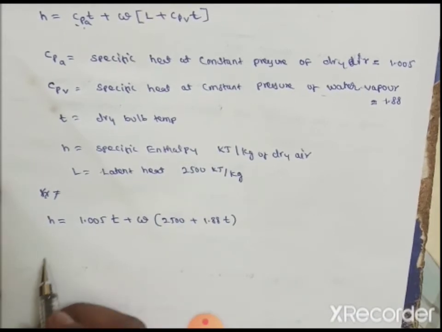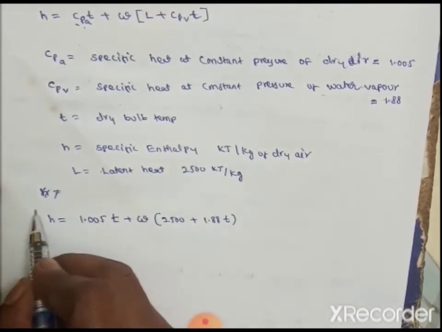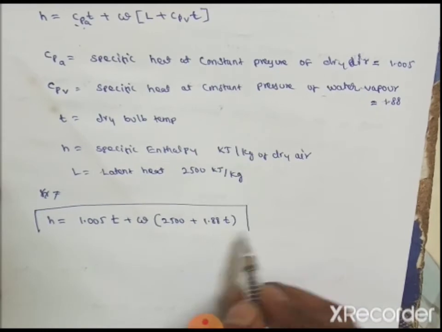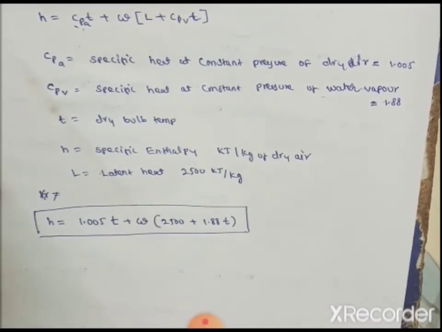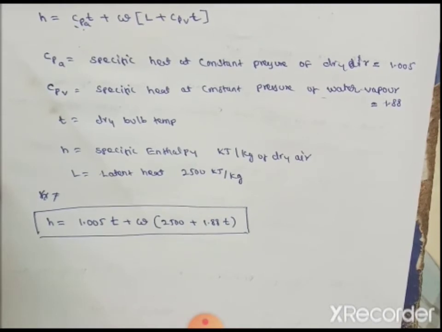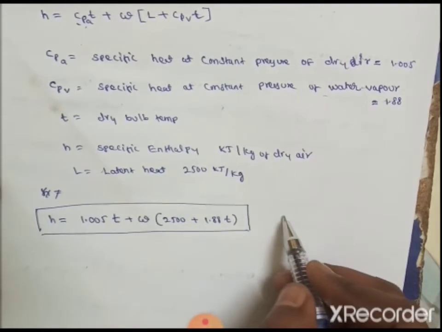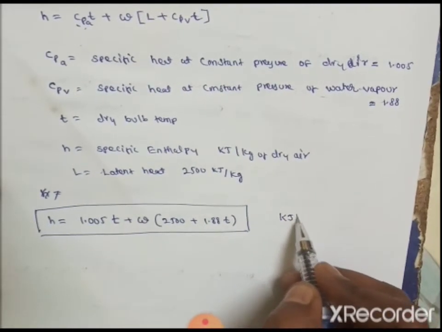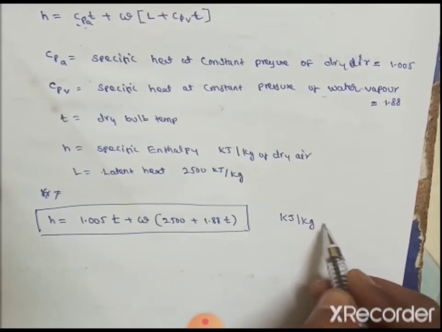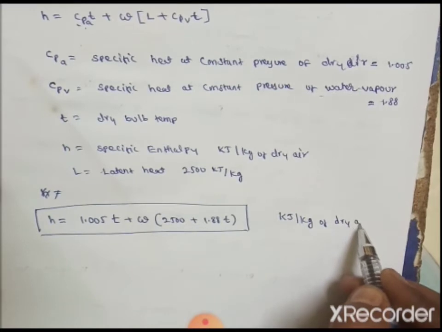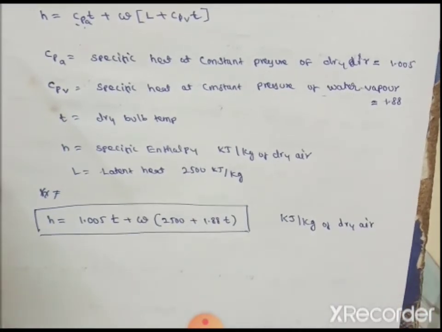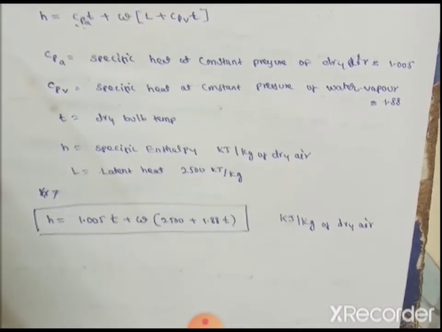So this is the equation to find the enthalpy of the moist air. It is in terms of kilojoule per kg of dry air.